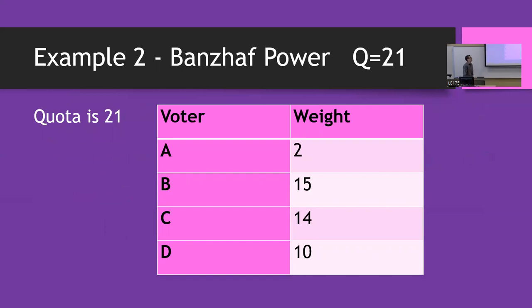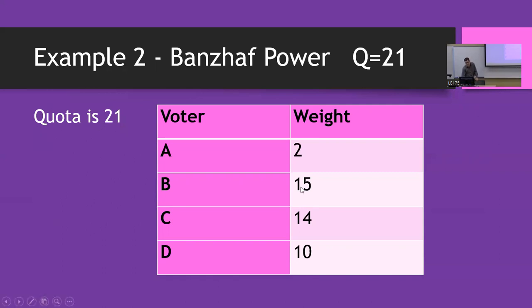So we did this one last time, and we saw that B, C, and D all had a critical count of 4, and A had a critical count of 0. So B, C, and D ended up with 4/12 of the power apiece, and A had 0 power in this system, okay, with quota being 21.